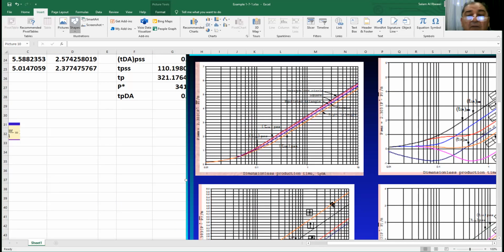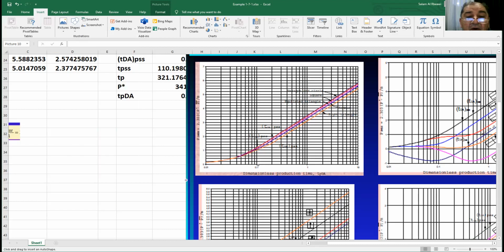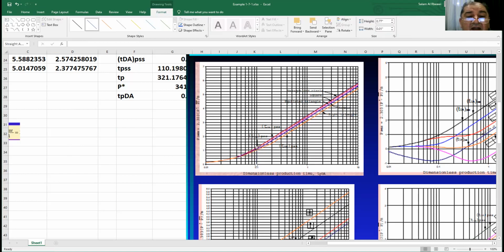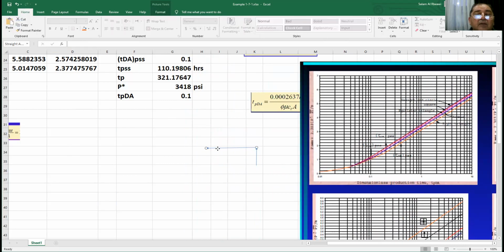You need to move from 0.1, and move almost to the first curve, and get it read. How much? Almost 1.2. So tDA at the MBH curve is almost 1.2.